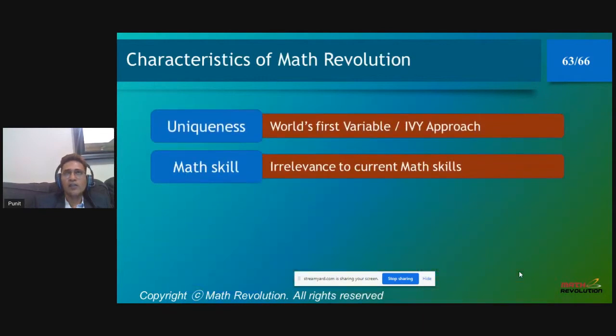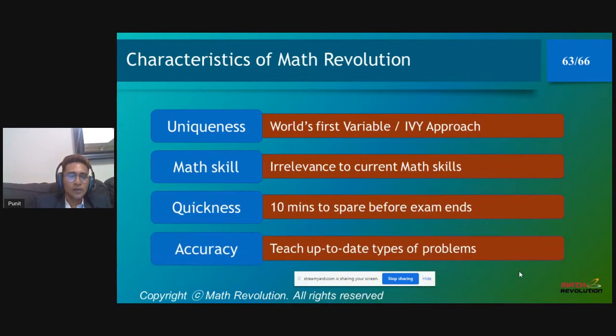The characteristics of the Math Revolution approaches are simple: uniqueness, because they are the world's first IV and variable approach; math skills, even if you're not from a math background, you can easily conquer and master it. But as I said, DS takes time, the variable approach takes time, so you need to be consistently learning those.